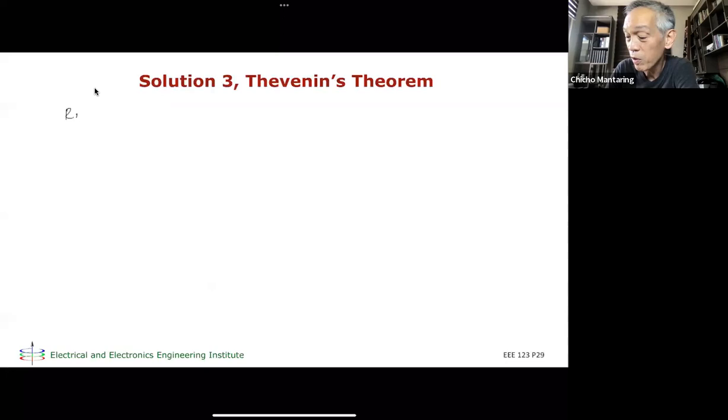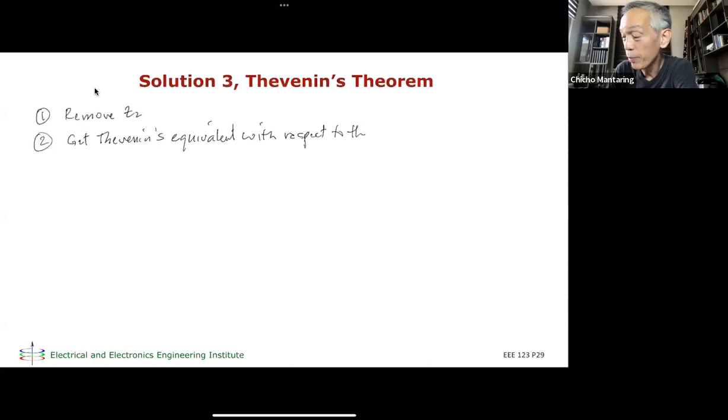So you remove Z2, that's step 1. Step 2, you get the Thevenin equivalent with respect to the Z2 terminals.